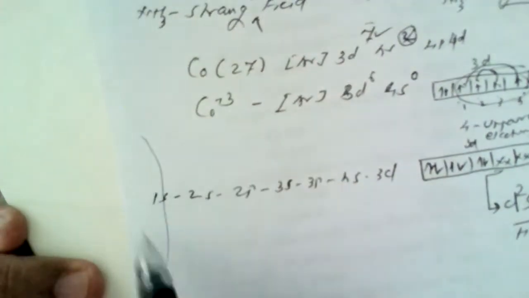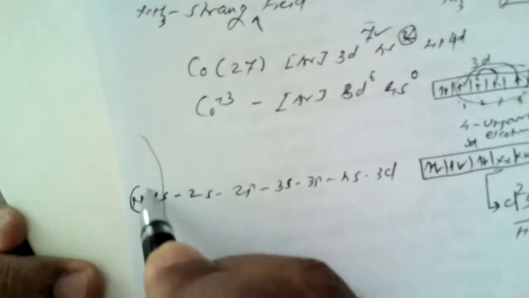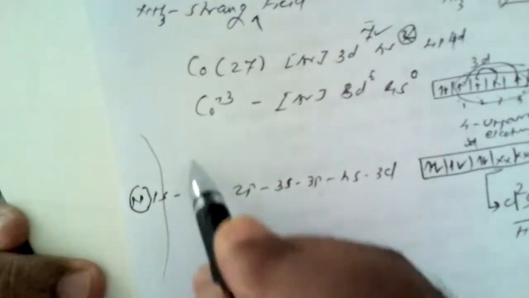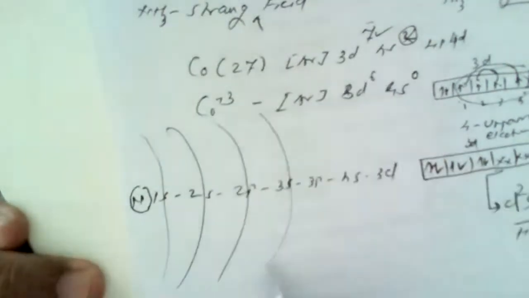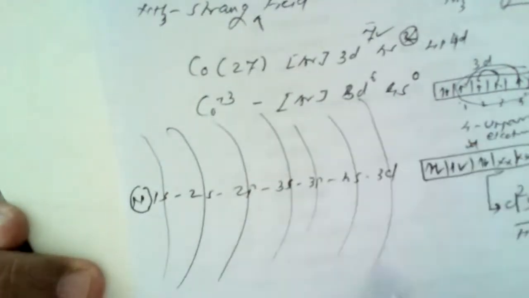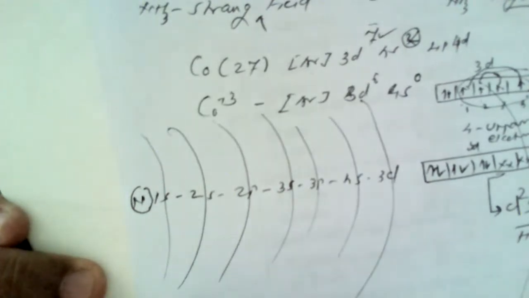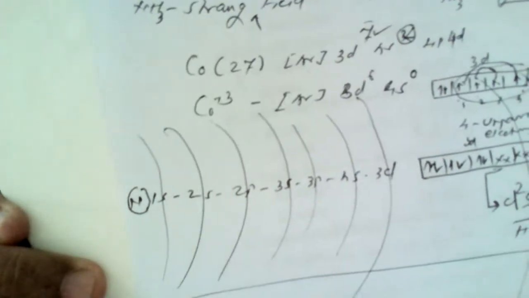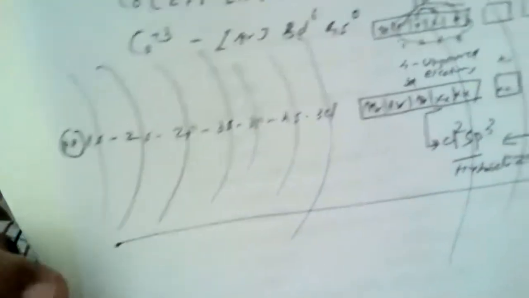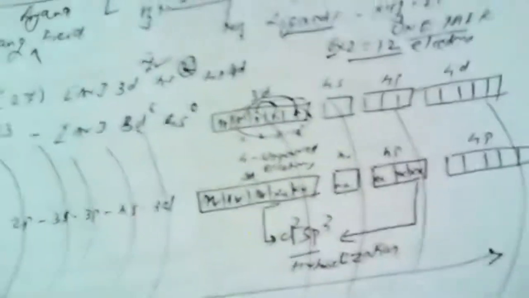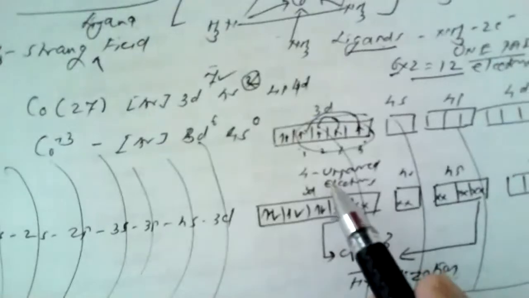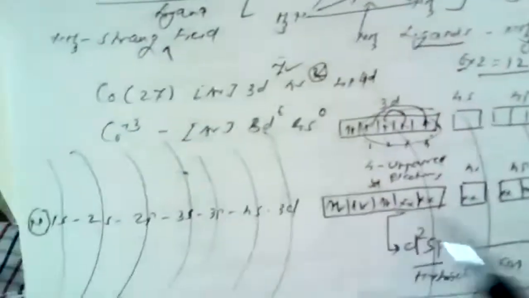This is the 1s orbital, which is close to the nucleus, then 2s, 2p, 3s, 3p, 4s, 3d, 4s, 4p, 4d. As we go farther away from the nucleus, this orbital is closer to the nucleus. That means the 3d orbital is closer to the nucleus.